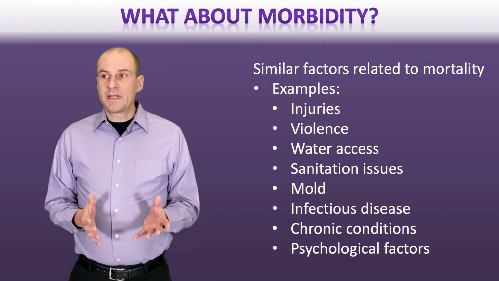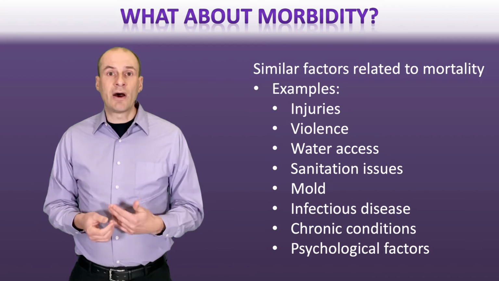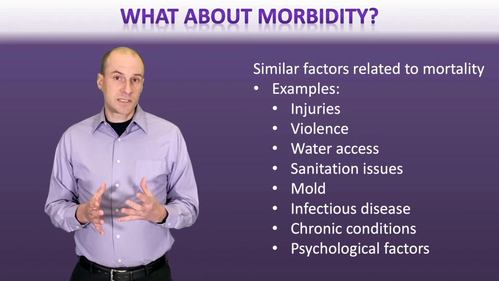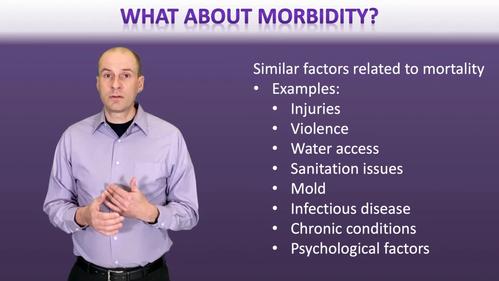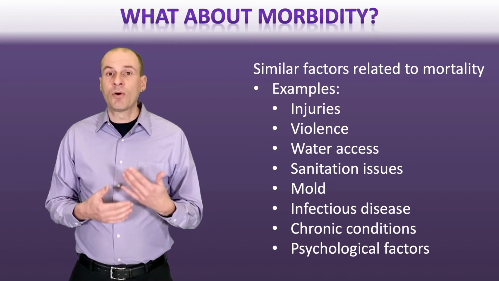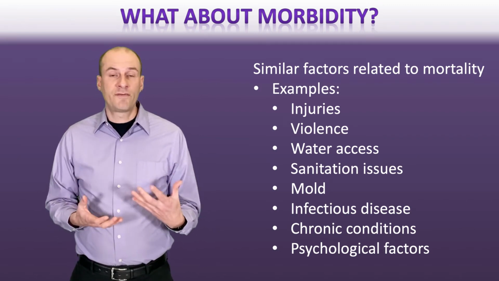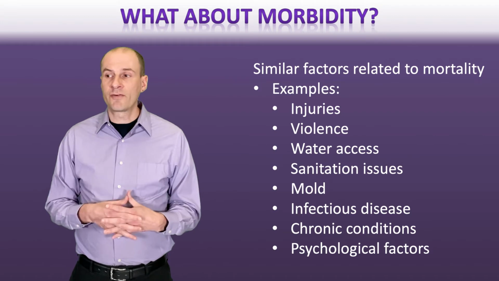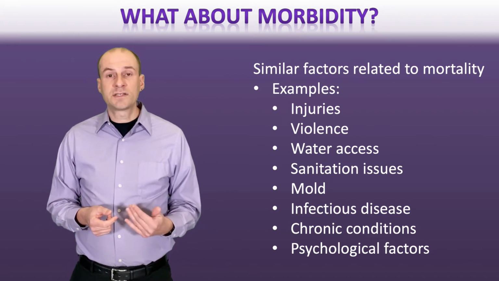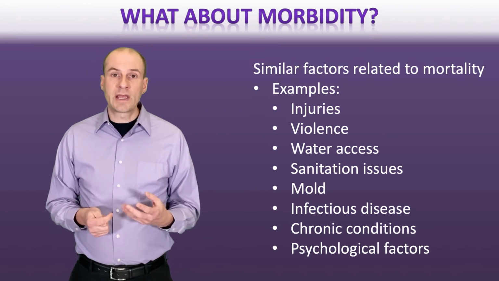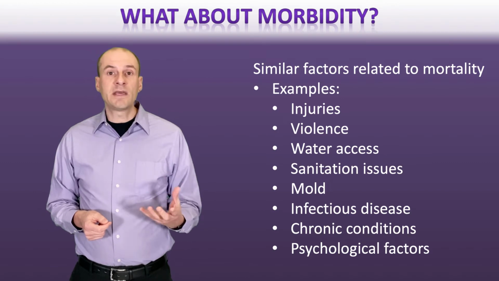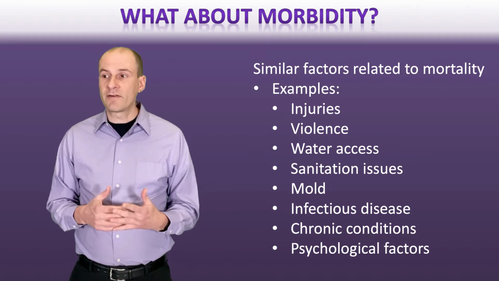So what about morbidity or general health impacts that are not fatal? Well, a lot of these factors are similar to the factors that you see for mortality. So injuries, for example, or other types of serious impacts, trauma, for example, that aren't necessarily fatal. But you could also have violence. For example, after Hurricane Katrina, there was some violence. It was widely overestimated in the media, but there was some violence afterwards.